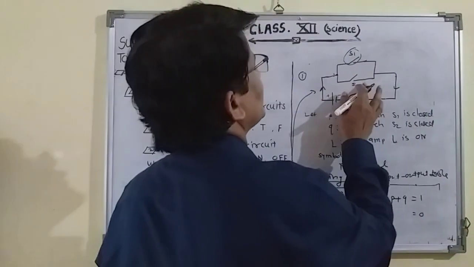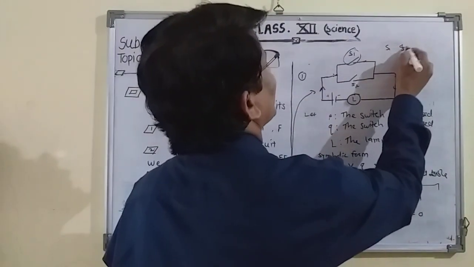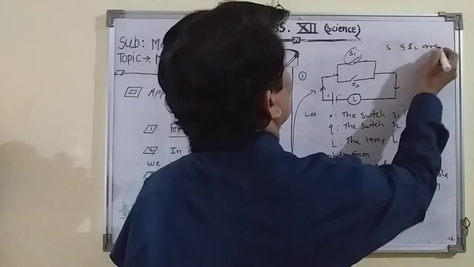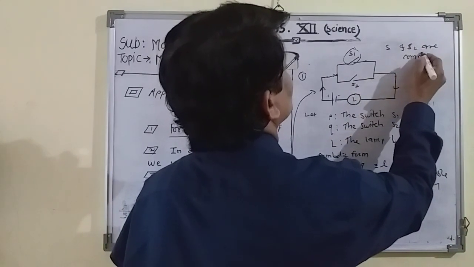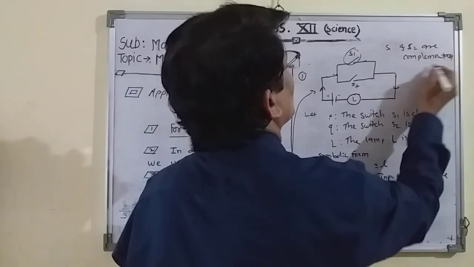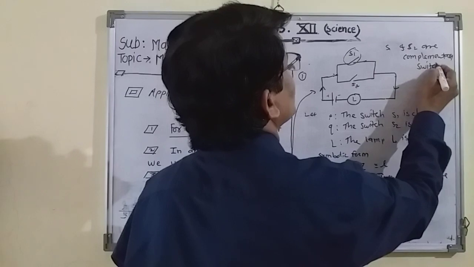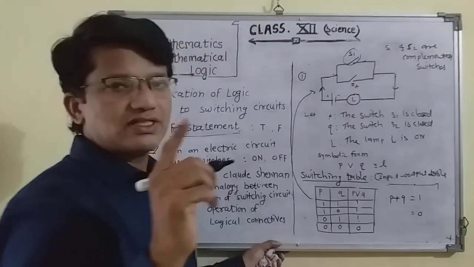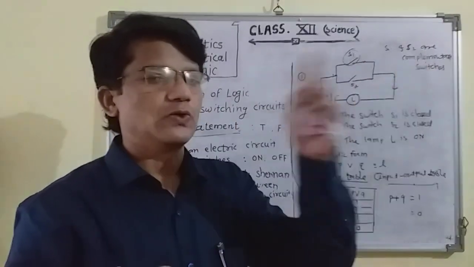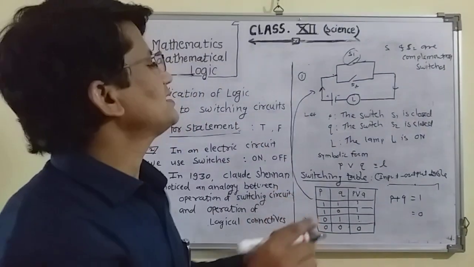Here S1 and S2 are complementary switches. In complementary switches, what happens? When one switch is open, the other is closed.